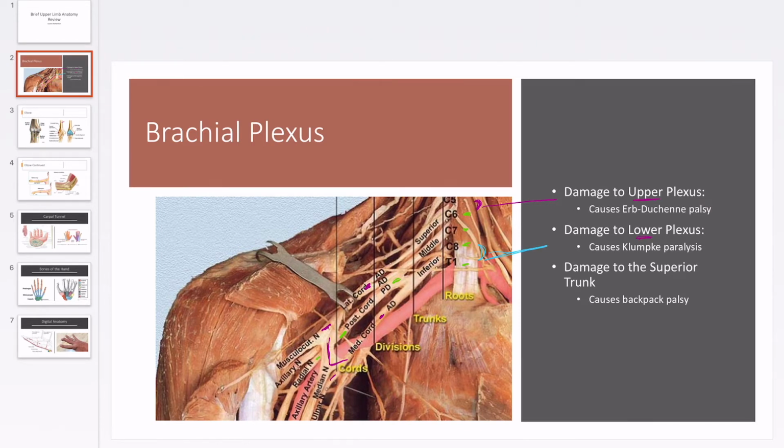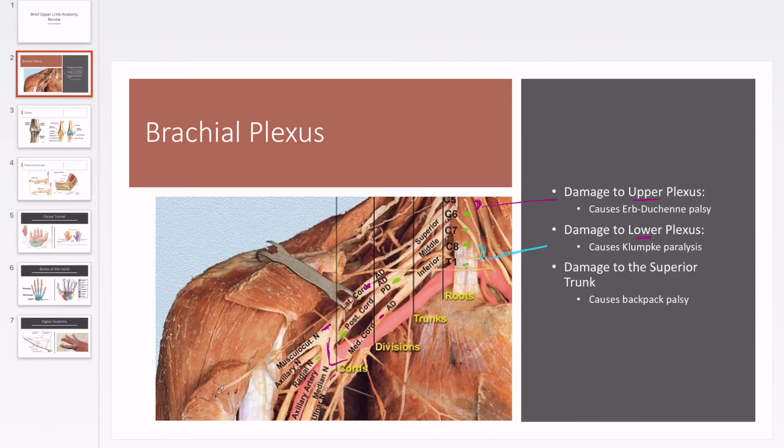C5, C6 would be something like an upper brachial plexus injury, which could cause Erb-Duchenne palsy, which presents kind of like somebody asking for a waiter's tip. This can happen when there's an increased angle between the neck and the shoulder. It can happen during a really rough delivery or a fall where the person's head goes to the side and really increases that angle.